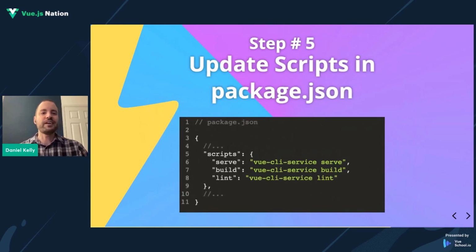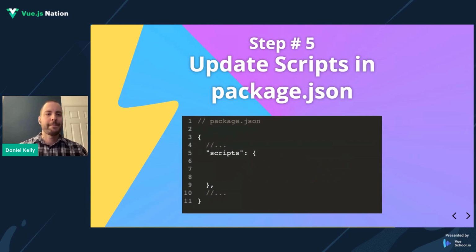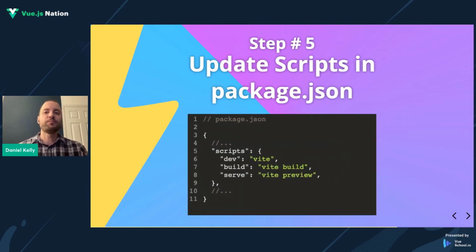Awesome. Step number 5 is to update the scripts in your package.json file. These are the scripts that were with the Vue CLI project, and of course they're all powered by Vue CLI under the hood. But now they'll change to scripts that are powered by Vite. And you'll notice here that Vite actually uses a different convention for running your dev server. It uses the npm run dev command instead of npm run serve.